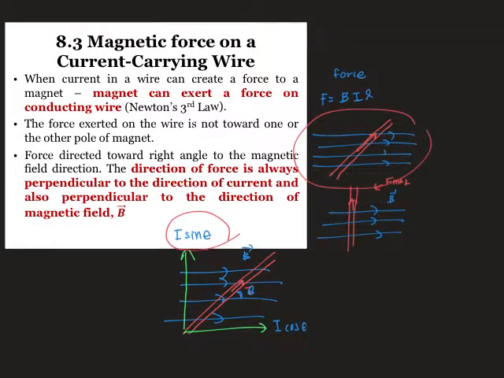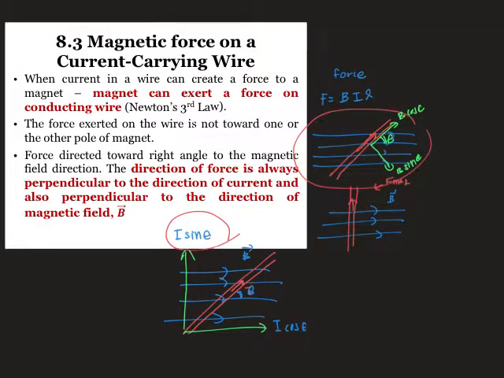The same goes if I want to resolve the magnetic field. Here I'm going to get like this and like this. Basically, the angle should be like this, so the magnetic field component is going to be B sine theta and this one is B cos theta.